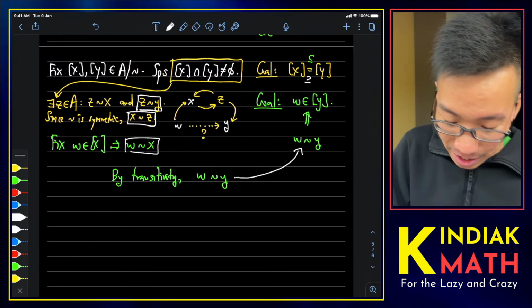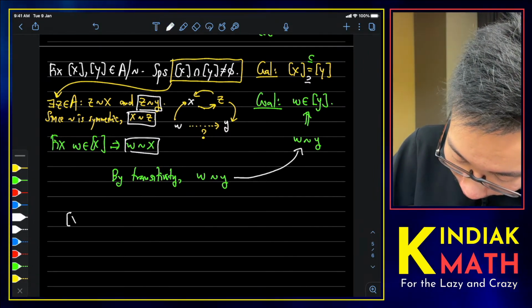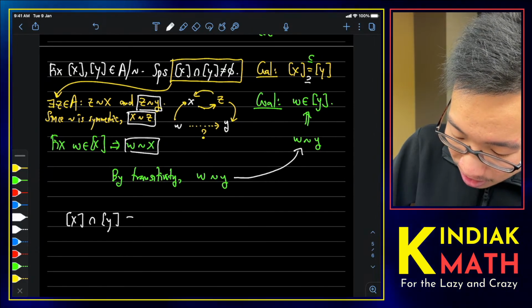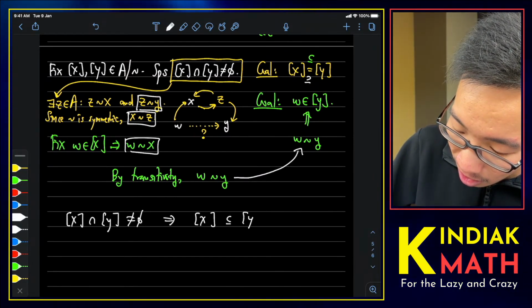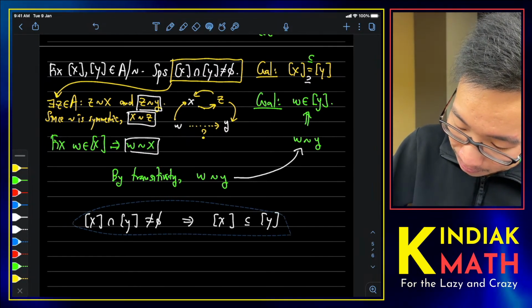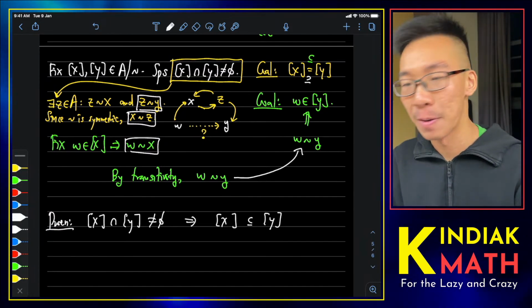So all that has done is help us prove that if this is non-empty, then we get this subset relation. So we have proven this bit over here.